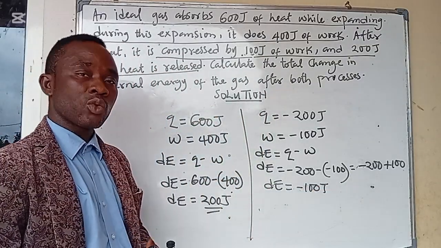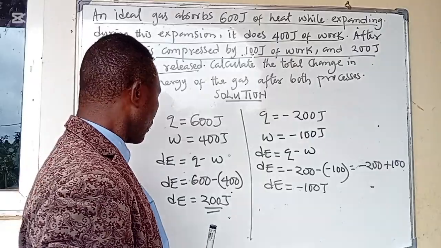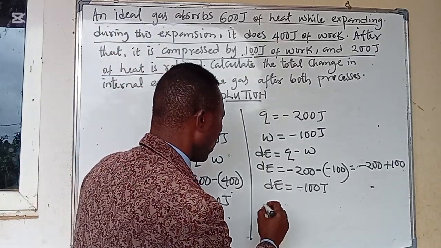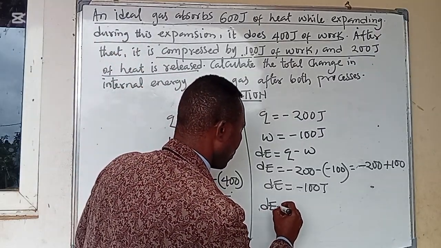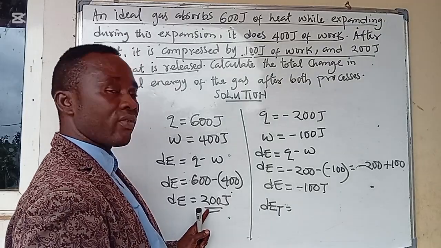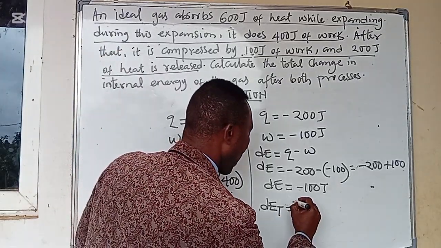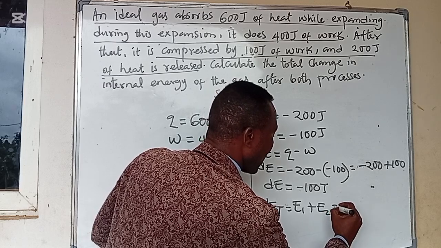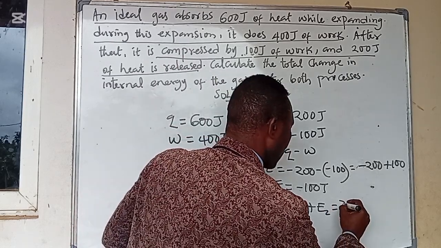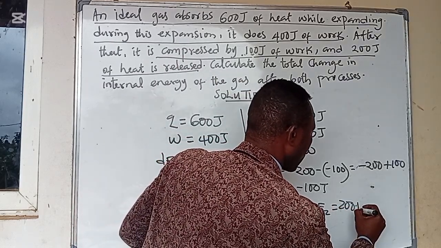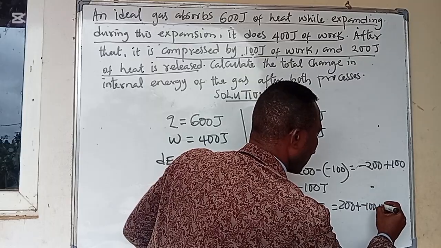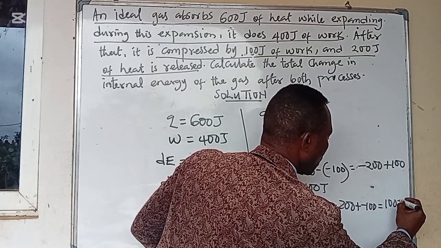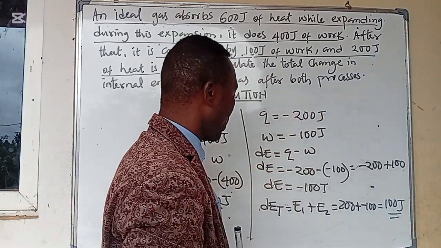Now, they ask us to find the total internal energy. We know that the total will be the internal energy for the first process, which is dE1, plus the internal energy for the second process, which is dE2. That will be 200 plus minus 100, and that gives us 100 joules as the total change in internal energy.